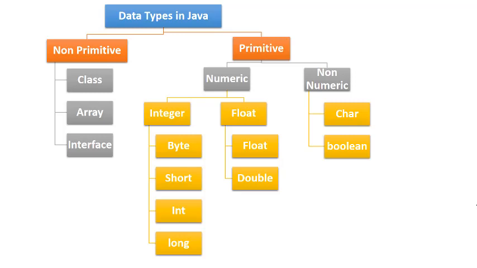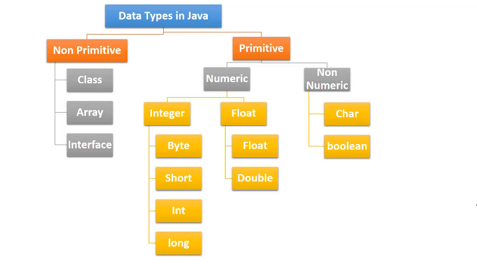Coming towards the non-primitive data types. Under the non-primitive data types we have three further data types, which are class, array and interface. The non-primitive data types are initialized with the keyword new in Java.